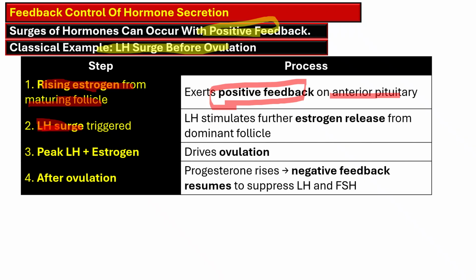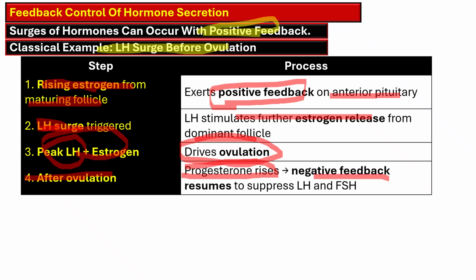LH, or luteinizing hormone, stimulates further estrogen release from the dominant follicle, and peak luteinizing hormone plus estrogen drive the process of ovulation. After ovulation, progesterone rises, and negative feedback resumes to suppress luteinizing hormone and follicle stimulating hormone.